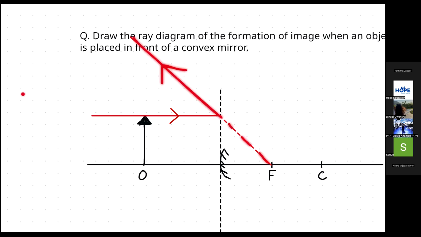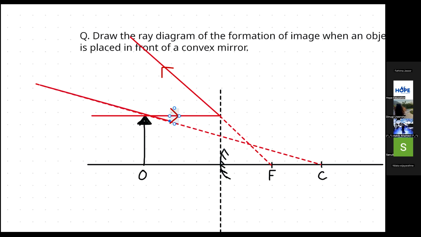Then the light ray going through the center of curvature.